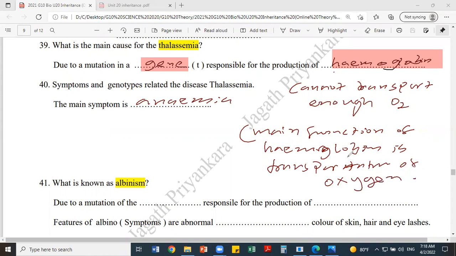Imagine you breathe, your lungs are working well, you breathe enough oxygen, but the body fails to absorb and transport it. That means you don't have enough hemoglobin.